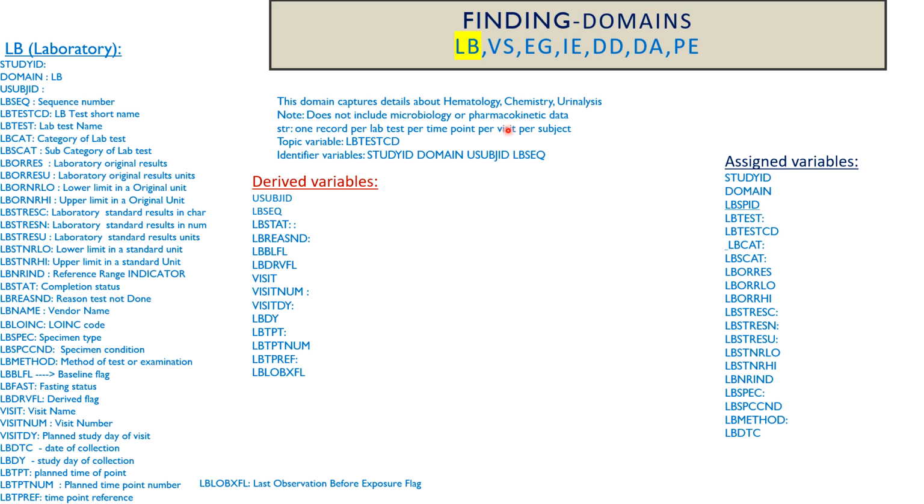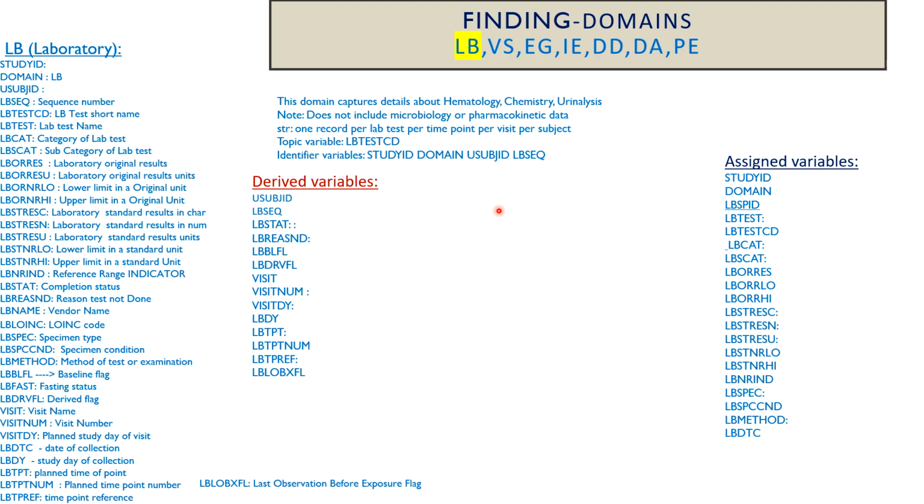Whatever hematology analysis, chemistry analysis, or urine analysis we do for a subject, all that data is captured in this domain. We will not include microbiology or pharmacokinetic data in the LB domain. There are separate domains for microbiology and pharmacokinetics, where we capture that data separately.